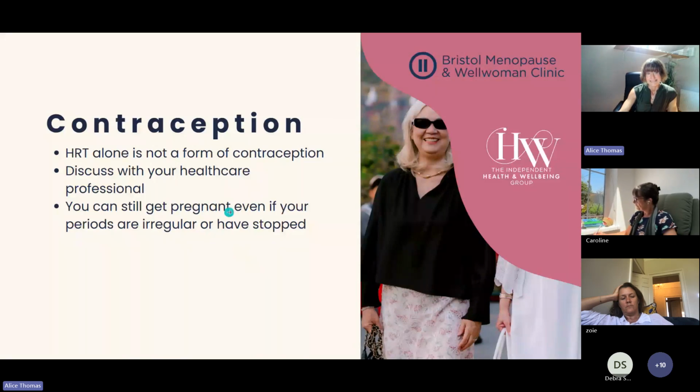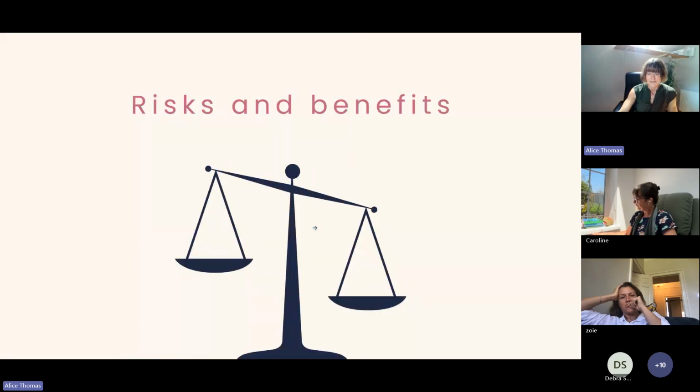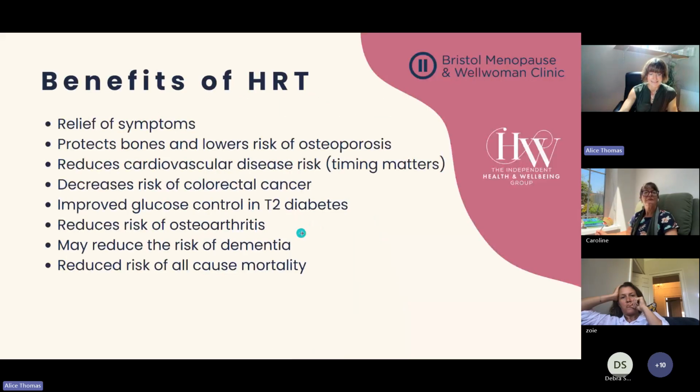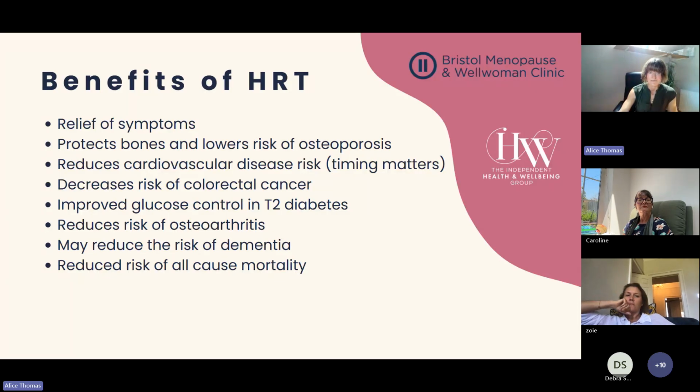There are risks and benefits involved with the use of HRT. There are numerous benefits. So relief of day-to-day symptoms and improved quality of life, prevention of bone thinning and osteoporosis, reducing fracture risk and reducing cardiovascular disease, also reduced risk of colorectal cancer, improved glucose control and reduced risk of type 2 diabetes, as we've discussed, improved osteoarthritis rates.